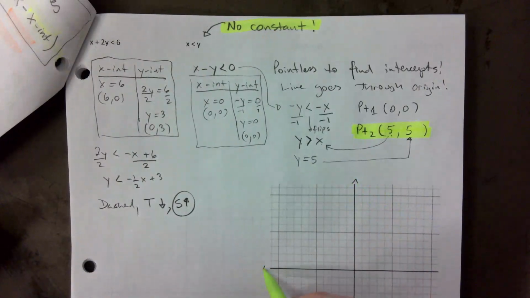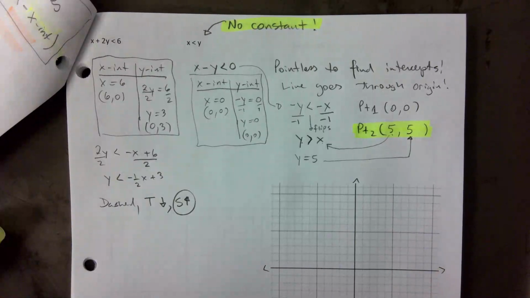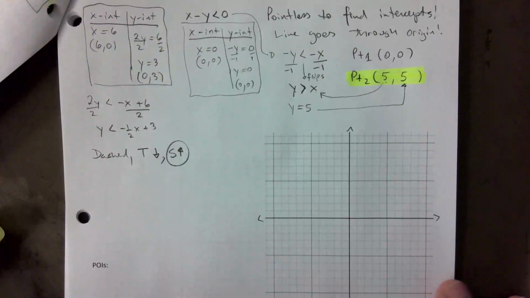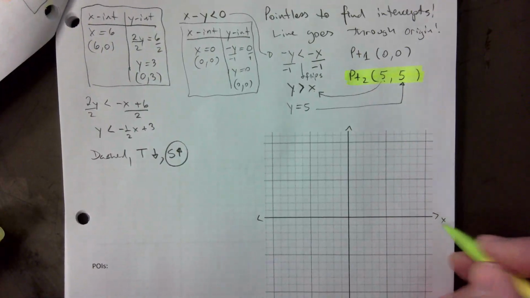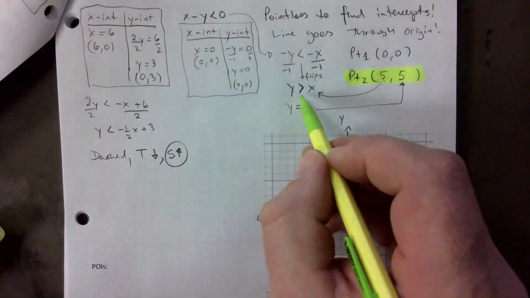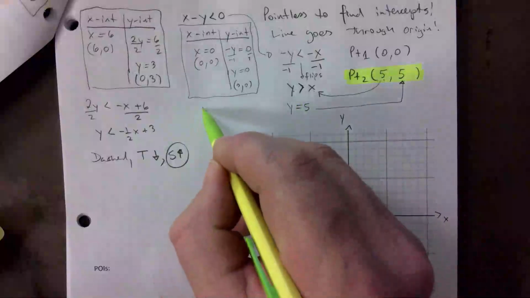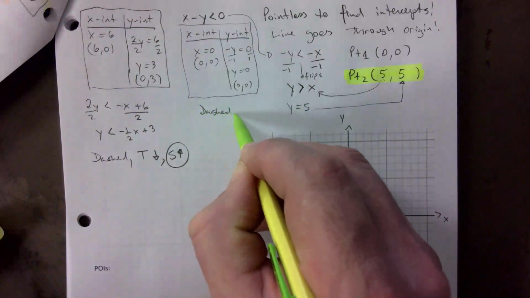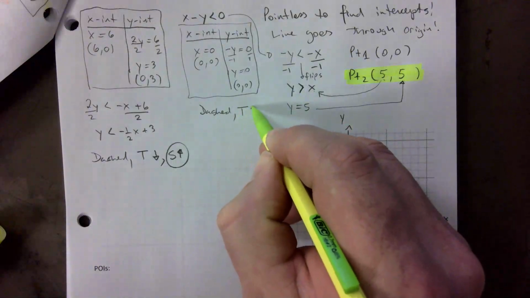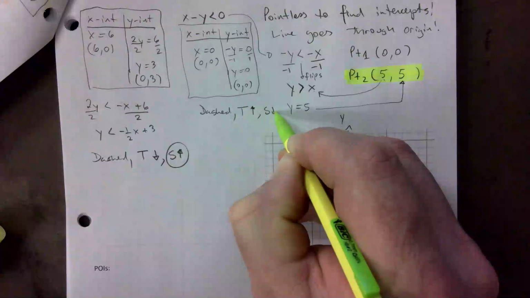This doesn't happen very often, but that's how I deal with it. Let's keep going. This is x, this is y. Based on this, it is going to be dashed. The true region is above the line. I'm going to shade below.